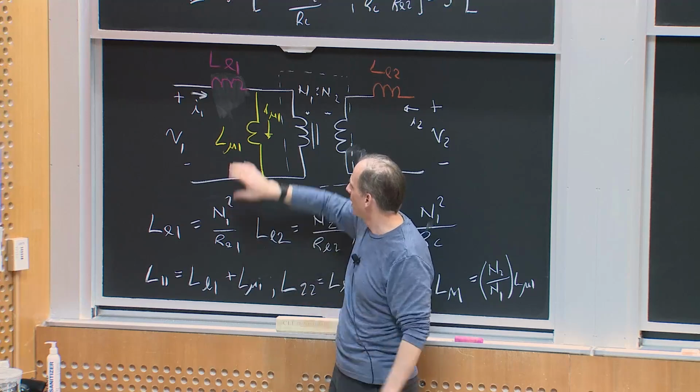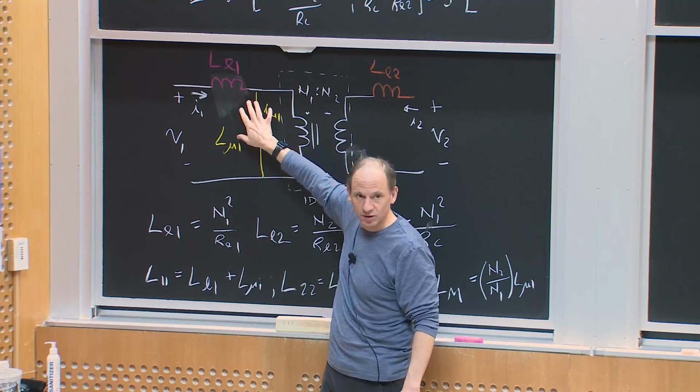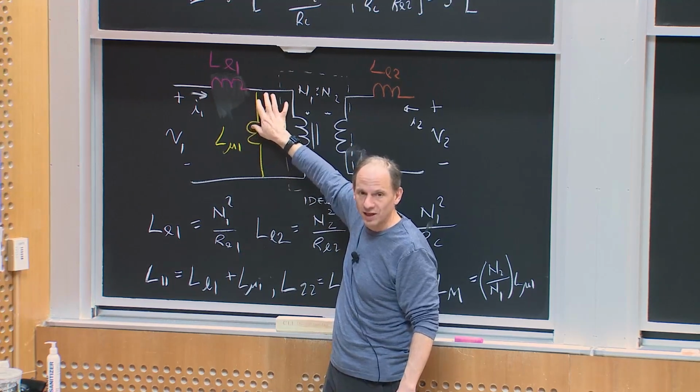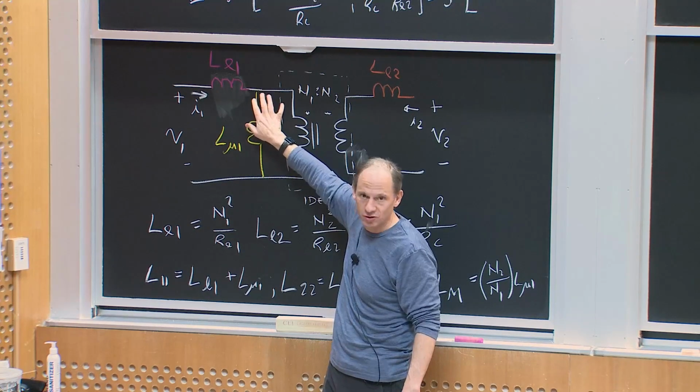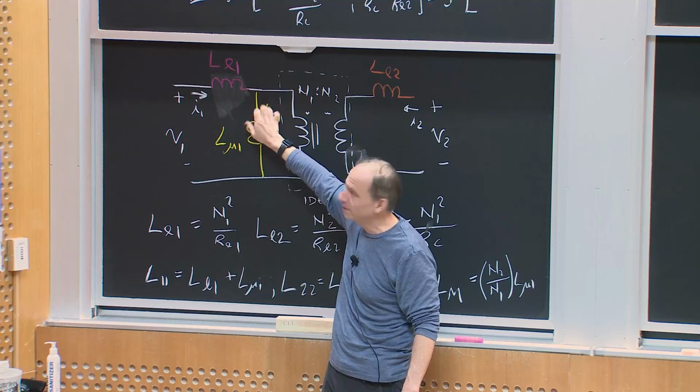And this magnetizing inductance is really the reason why we can't apply DC, because I can only have some finite flux density before the transformer saturates.